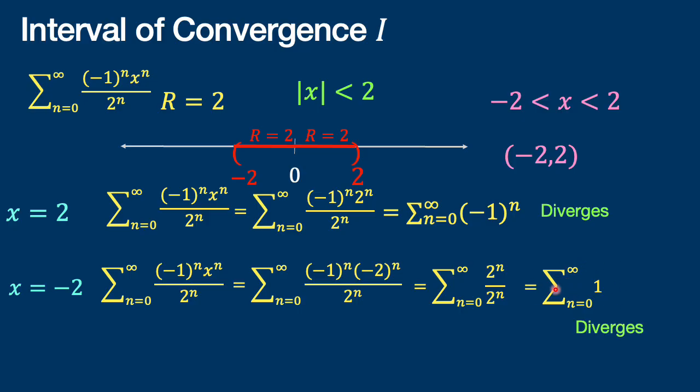This power series also diverges. Now, what is the interval of convergence? We checked the endpoints, and both make this power series diverge. We cannot include the endpoints. The interval of convergence is negative 2 to 2. On the interval of convergence, this power series converges.